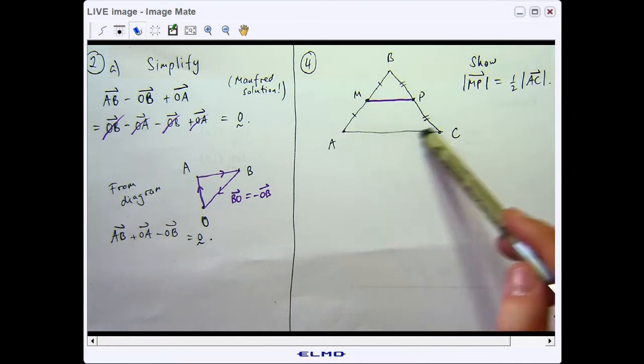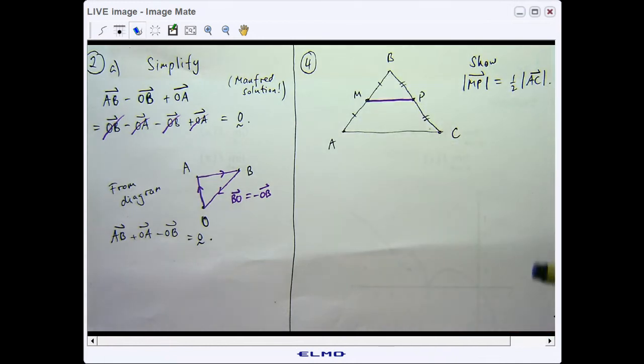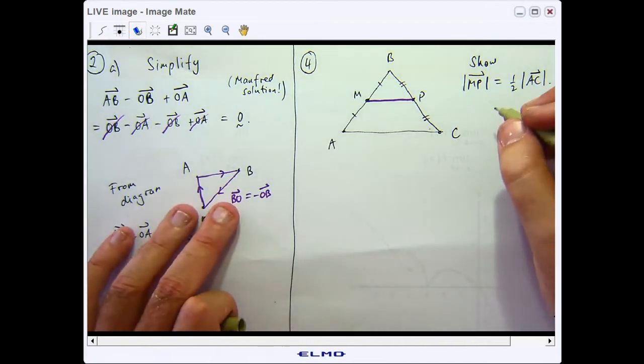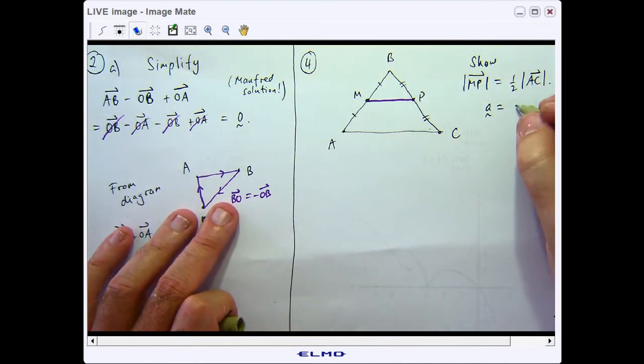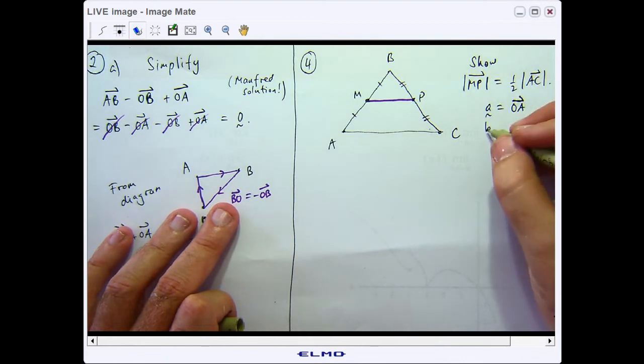You would use similar triangles. But they want you to do this using vectors, I think. All right. So the notation that we're going to use is this. Oh, it's my crazy vector.